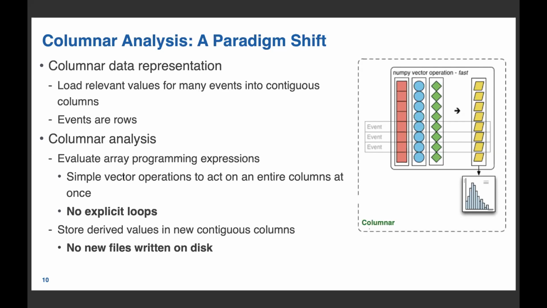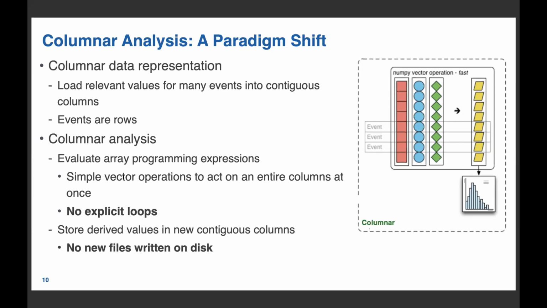Once you have that, you can perform columnar analysis using array programming expressions. So instead of looping event per event and computing the same operation over and over again, you are now ideally applying a single vector operation over all columns. That means that you are applying that operation over all the events simultaneously. And in this case, you kill the inefficiencies that come from writing explicit loops like you're forced to do in an event loop analysis.